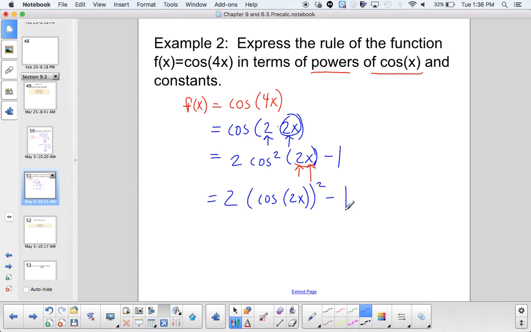And that's going to help me realize what I need to do once I simplify that. 2 cosine of 2x, I'm going to replace it with 2 cosine squared x minus 1, and then close that parenthesis, and then bring out my minus 1. So what's happened here is all of this has been replaced with this.